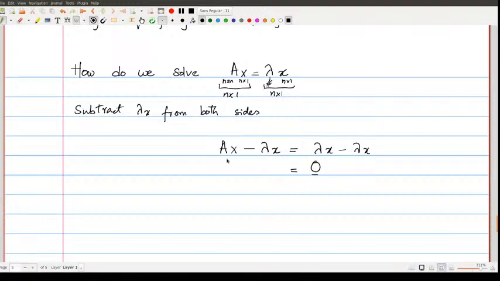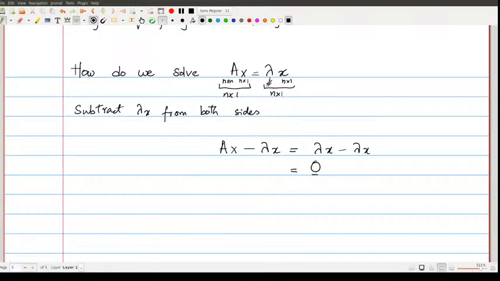On the left-hand side, this is a matrix times a vector, and this one is just a number times a vector. At this point, we're tempted to say that as an algebra equation, I can see that this x appears in both the terms, right? This is the same vector being multiplied by a matrix, and over here it's the same vector being multiplied by a number.